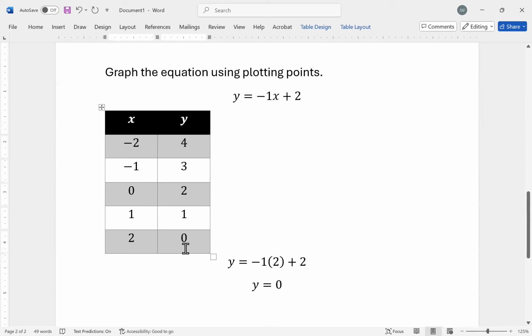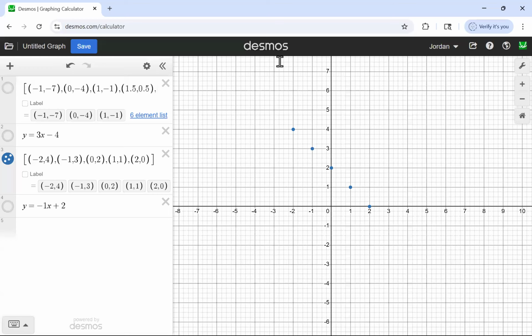So we could plot each of those 5 points, and hopefully that gives us a pattern that we can recognize on the graph. So here are those 5 points.